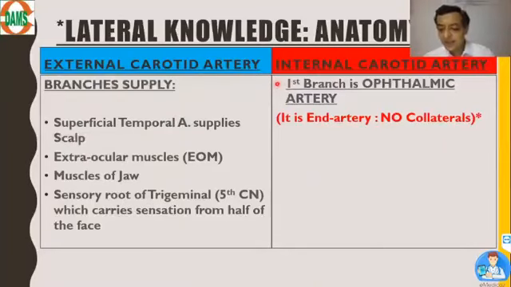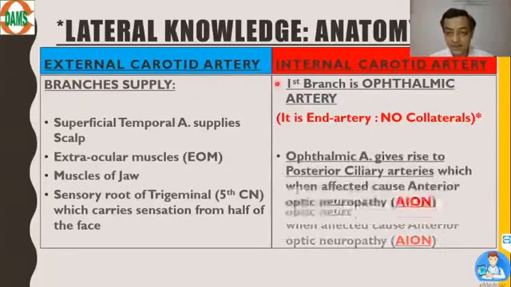Please remember, in anatomy, the first branch of the ICA is the ophthalmic artery. End artery means an artery with no collaterals.